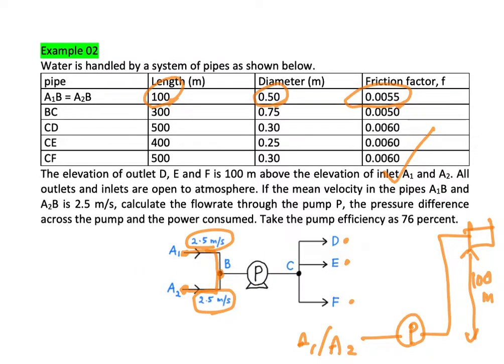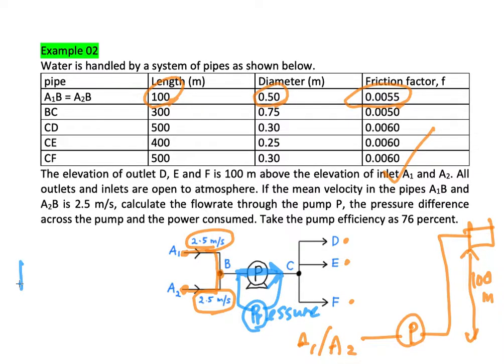So what we need to calculate here is the flow rate that flows inside this pump, the pressure difference across the pump, and the power consumed. Take the pump efficiency as 75%. So the pressure difference means the pressure between inlet and outlet of the pump, and the power consumed.